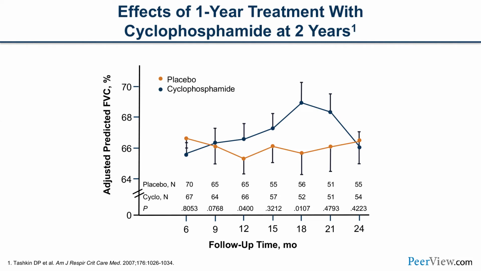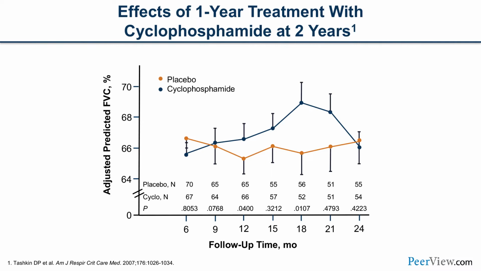Let's start out by reviewing the data of treatments for patients with systemic sclerosis who have interstitial lung disease. One of the first ones that was examined in a good placebo-controlled clinical trial was cyclophosphamide. Patients were placed on cyclophosphamide versus placebo and followed over a period of 24 months. They saw a separation of curves that was significant at about 18 months, but then the curves came together.